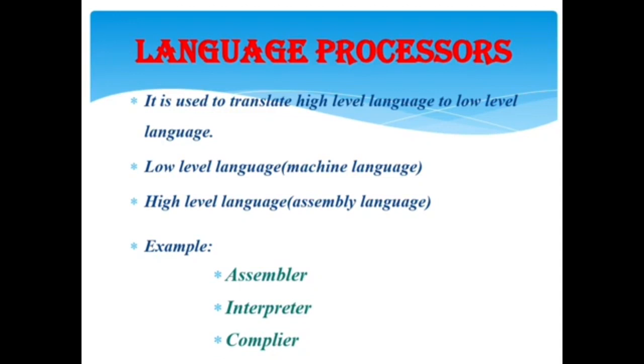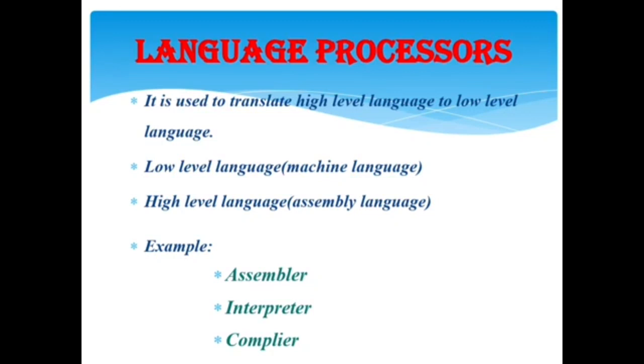So till now we have seen system software. System software controls the hardware and it acts as a platform for running the application software. In this there are different types: the first one is OS, second one is utility program, the third one is language processor.